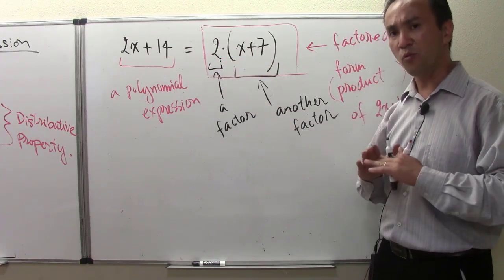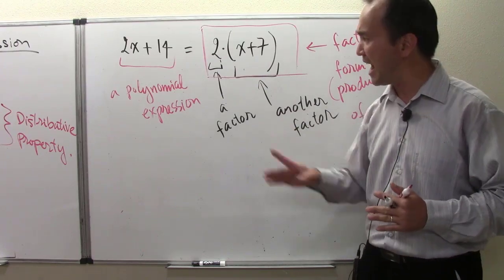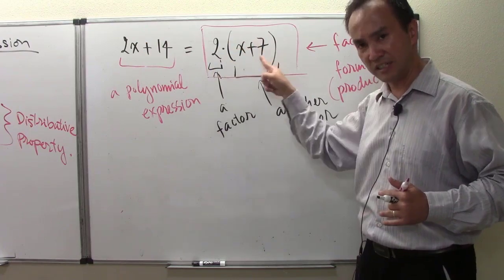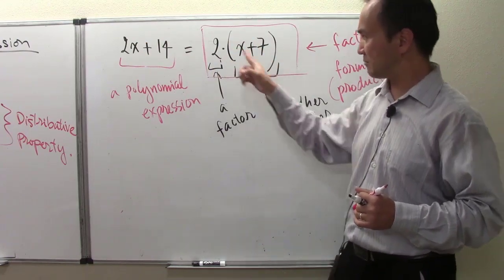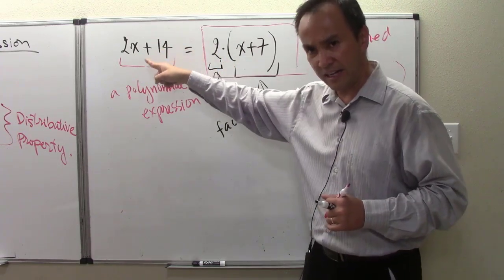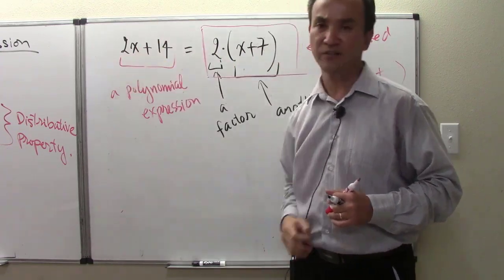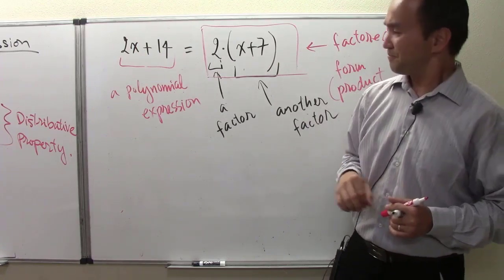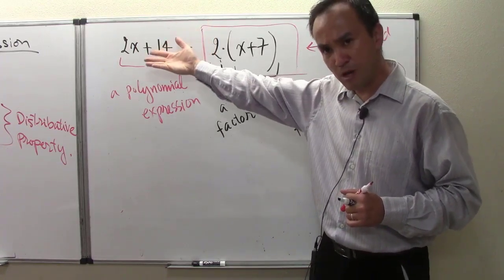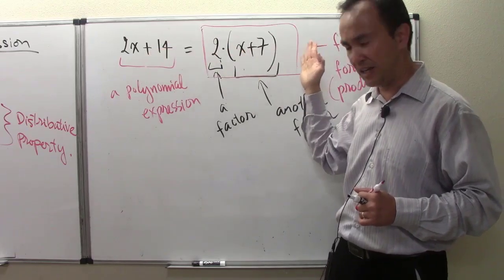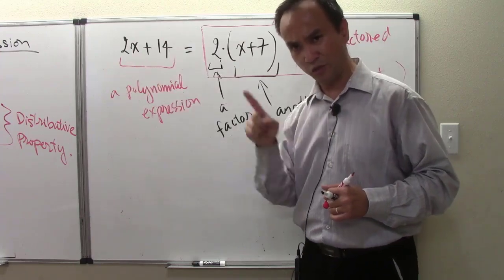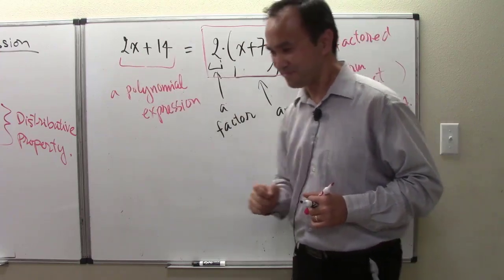But now we want to learn a solid method for how we can go from 2x plus 14 to 2 times (x plus 7), because we don't always easily recognize it. So factoring a polynomial expression into a factor product is sort of like the reverse process of the distributive law.